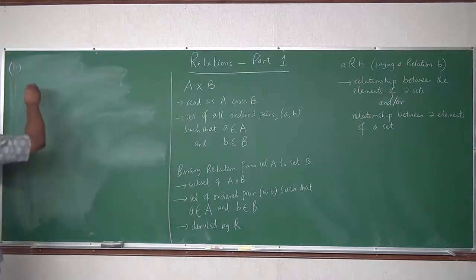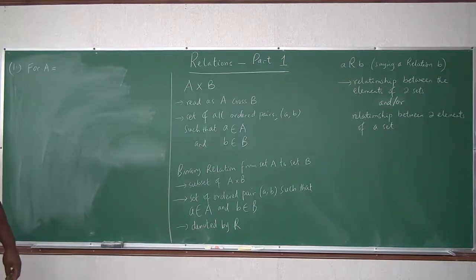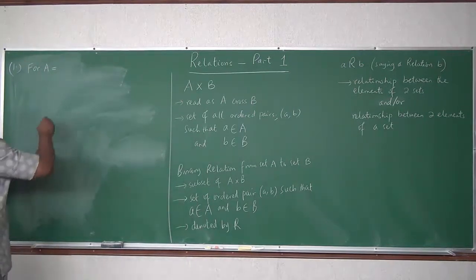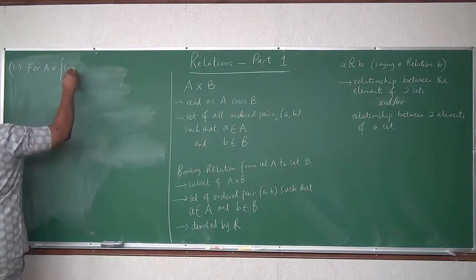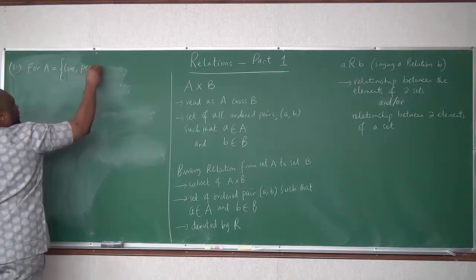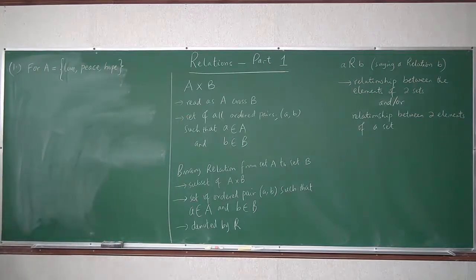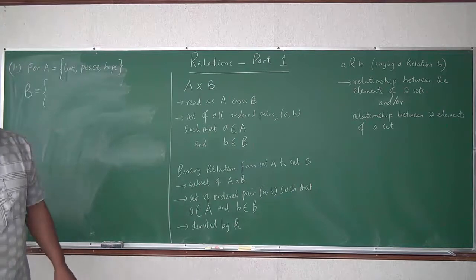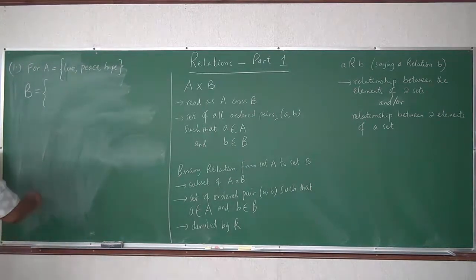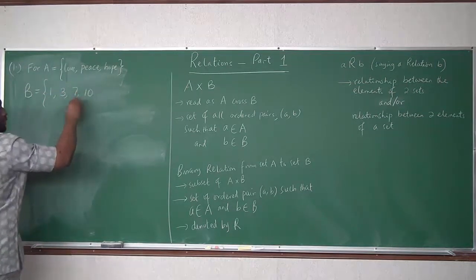We have the sets: A is the set love, peace, hope, and B is 1, 3, 7, 10.